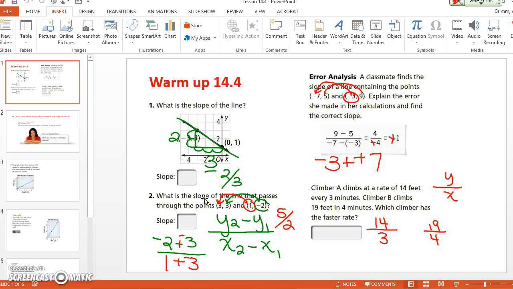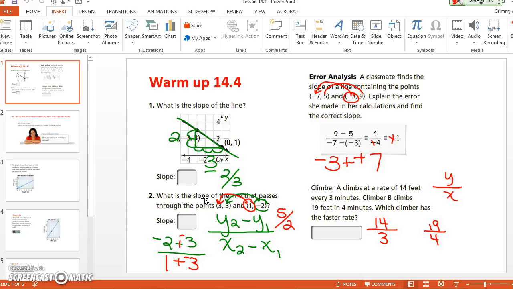Isn't that the slope? Would that be 14 over 3? So are you saying you could graph them both and see which one's steeper? No, because you don't really have 2 points. Yeah, they're just numbers. How else? How else can you compare fractions? We're just problem solving. I'm not saying anyone's right or wrong.